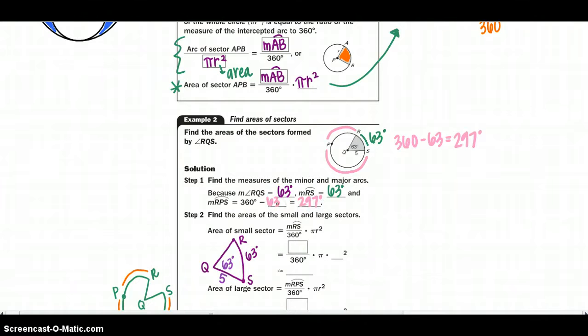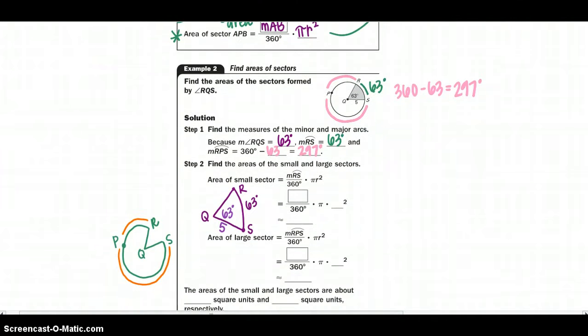Alright, so I have those 2 things that I need before I start my equations. So I need to find the area of the small sector, and I've gone ahead and redrawn the sector that we're working with. And again, my equation: my area of my small sector equals the measure of the arc RS over 360 times my area.